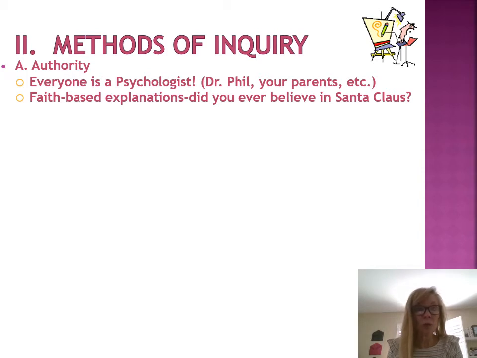Okay, so someone who you consider to be credible, consider to be an expert. So examples of this would be faith-based explanations. So if you have a clergy member, a rabbi, a medicine man, an imam, whoever you consider to be sort of a faith leader or an expert, you might rely upon that person to give you the truth, okay?